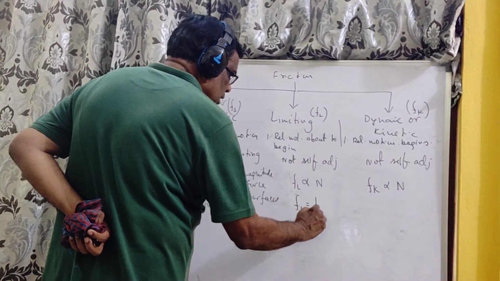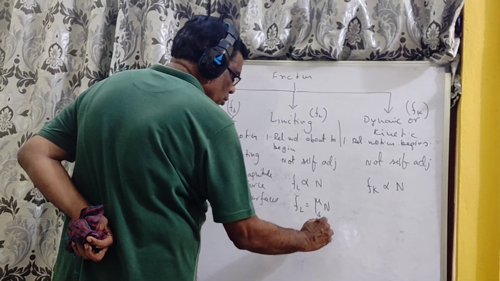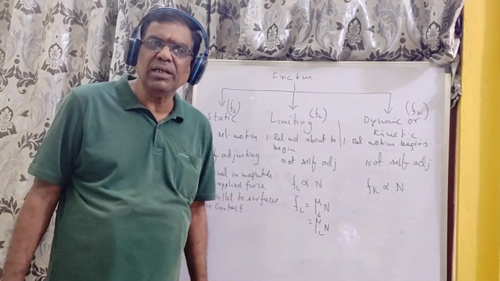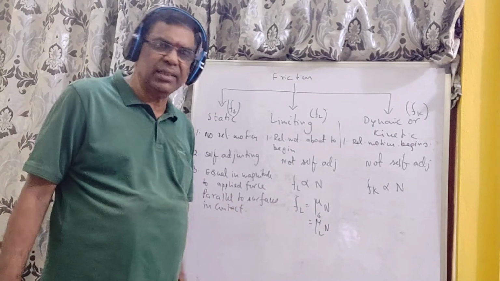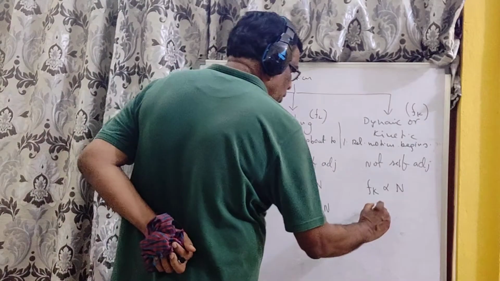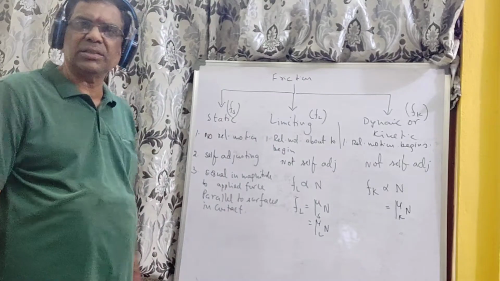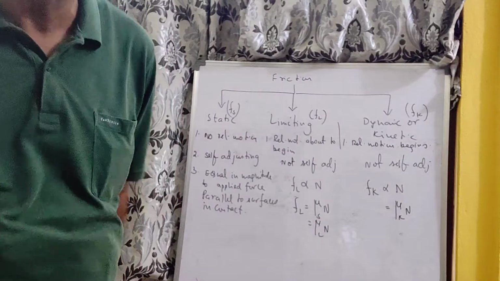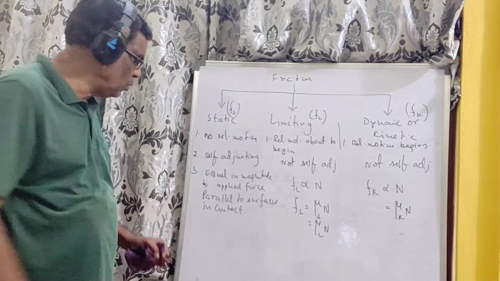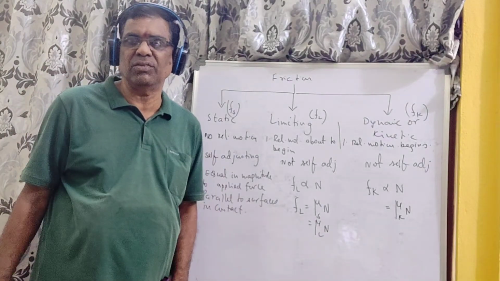And Fl is given as mu s N, where mu s, some constant of proportionality, is incidentally called coefficient of static friction or coefficient of limiting friction. And here what do you get? Mu k, that is called coefficient of kinetic friction. No such relation in static frictional force.